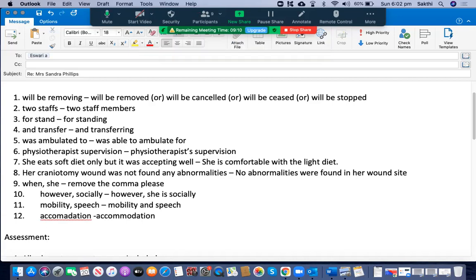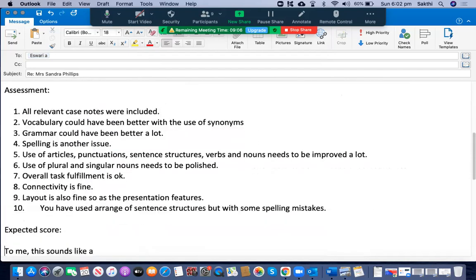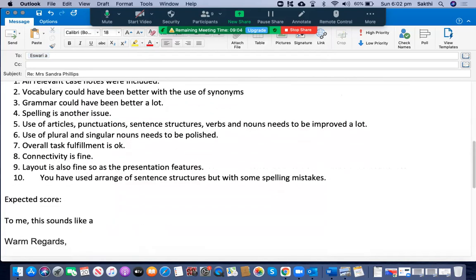Unfortunately, all the mistakes are the major ones. So according to me, this letter cannot get you a C plus grade, unfortunately. I would be happy to give you perhaps 290 out of 500 for this letter.